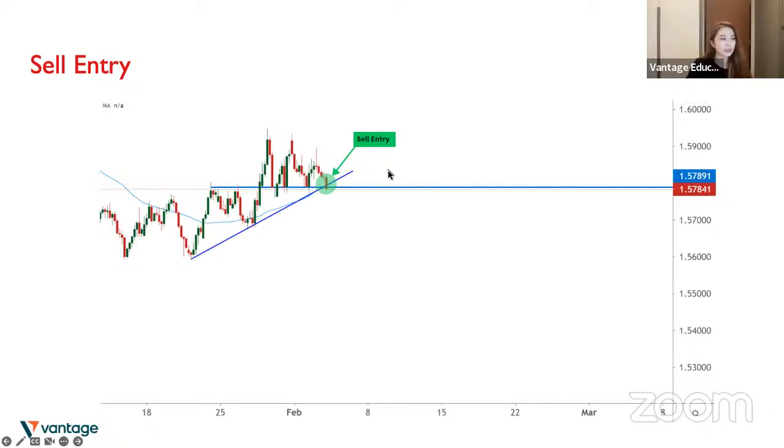We can see that price is maneuvering below the support at 1.57891 and trying to drop below the support, as well as below the trend line and the moving average at the same time. So this would be keen. Normally we would see this as a selling opportunity, and hence we are looking at a sell entry here.